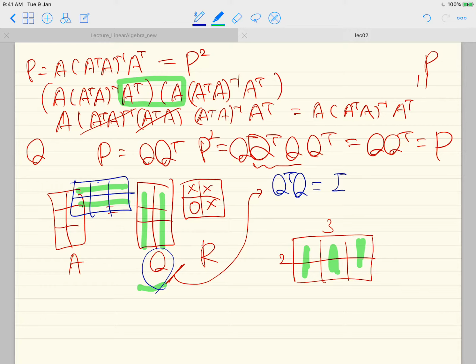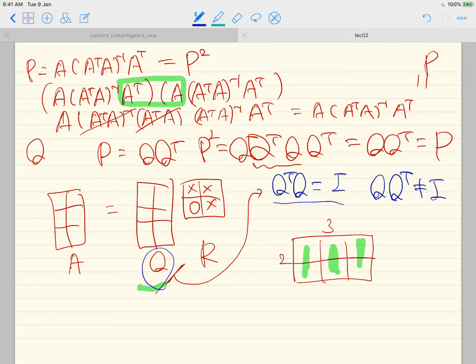So you can easily see the proof, once you just apply the inner product rule. We can easily verify that if your matrix has orthonormal columns, then this is always true, right?